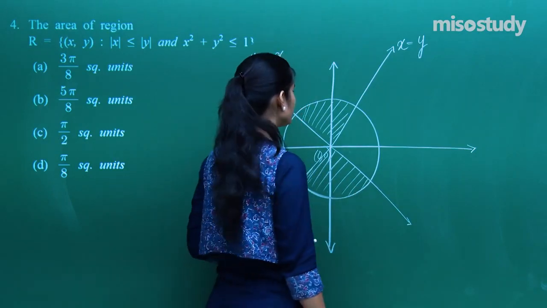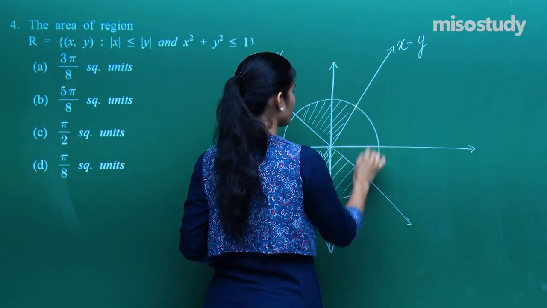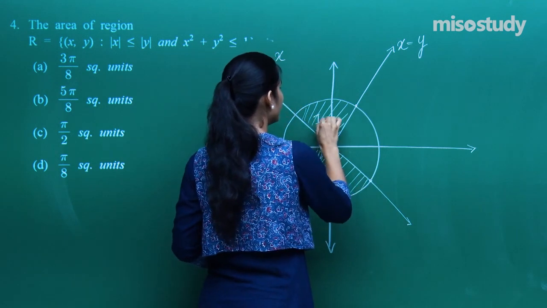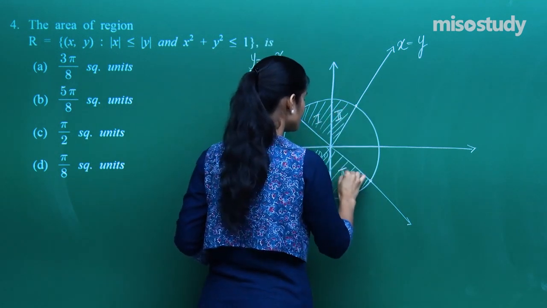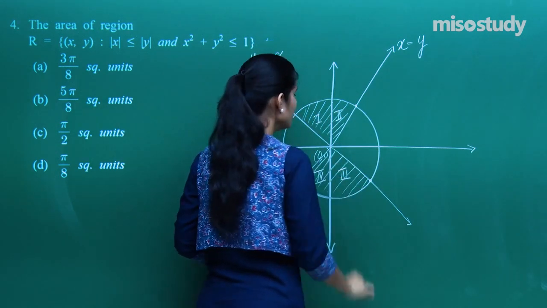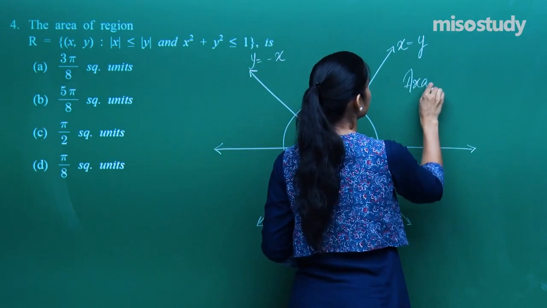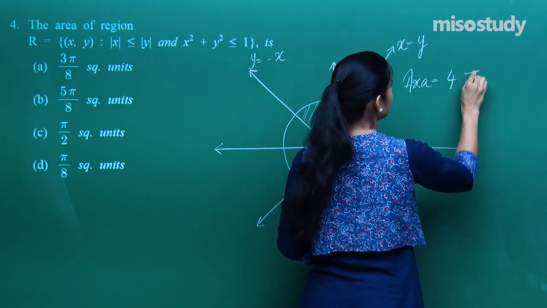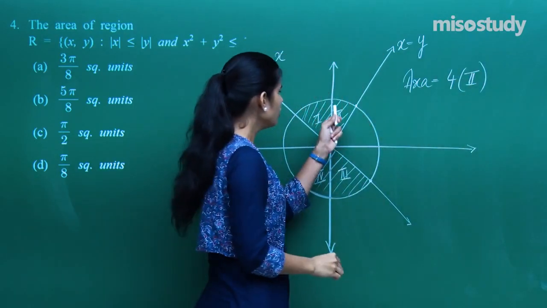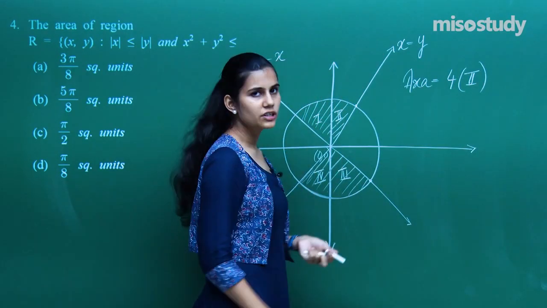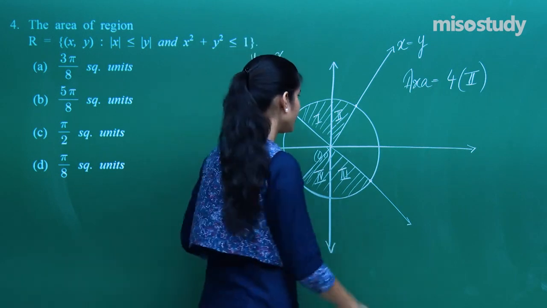This is the area I need to find. Now you should know that region 1 is equal to 2 is equal to 3 is equal to 4. So I will just be computing area as 4 times area of the second region. 4 times area of the second region is going to give me the area of the complete shaded region.